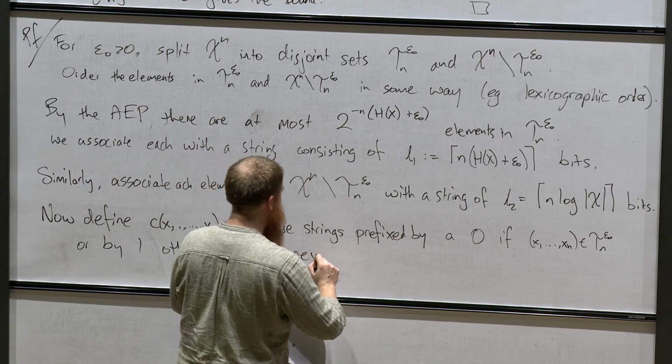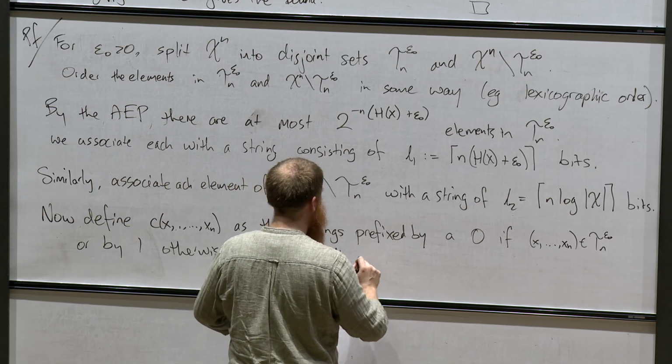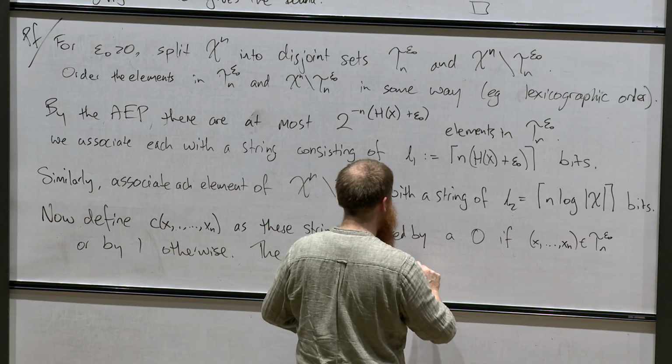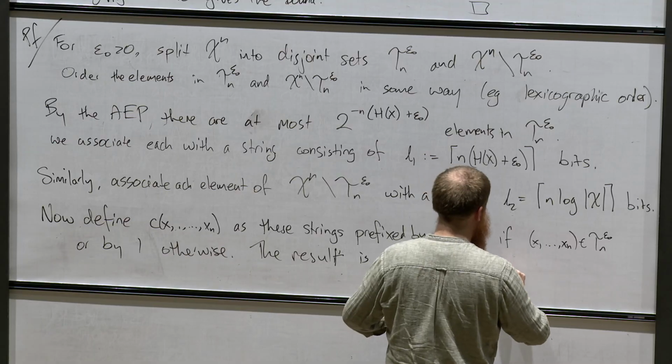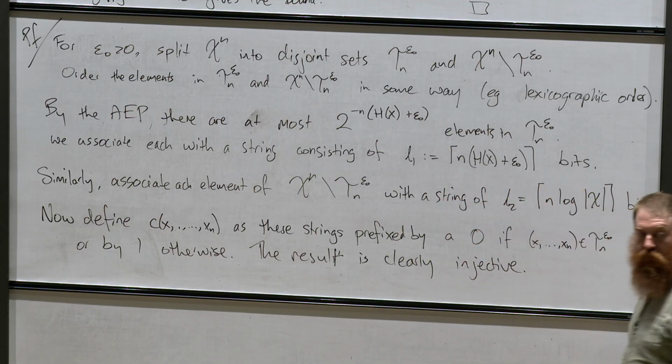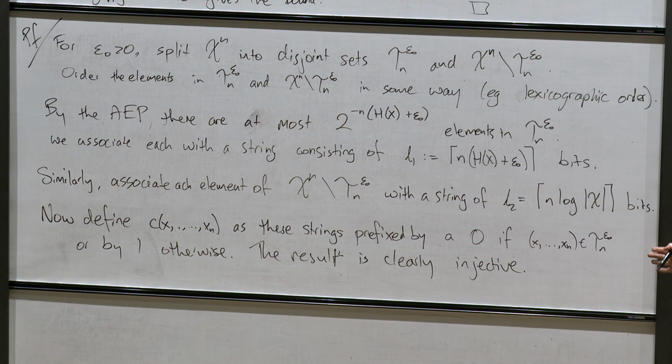The result is clearly injective. So it's clearly uniquely decodable. I've just added a prefix. I've numbered everything. Okay, I've used this many bits.